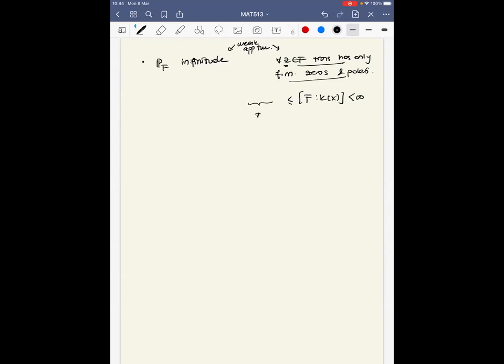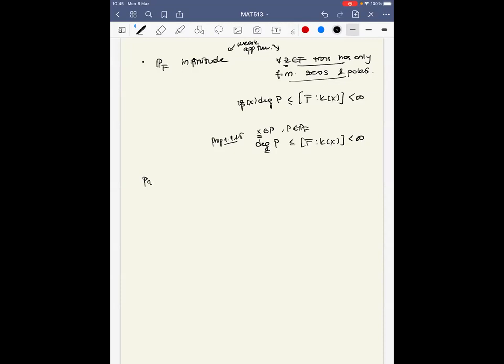And this statement will be a generalization of proposition 1.1.15, when we see that every place has a finite degree. So this bound will be a slightly generalized version counting the multiplicities of the function at the given place.